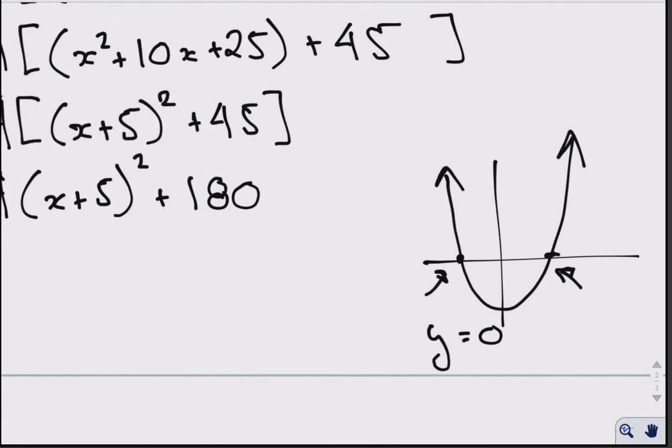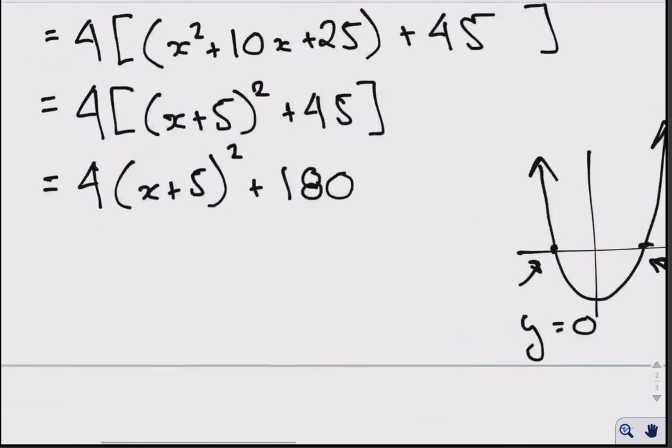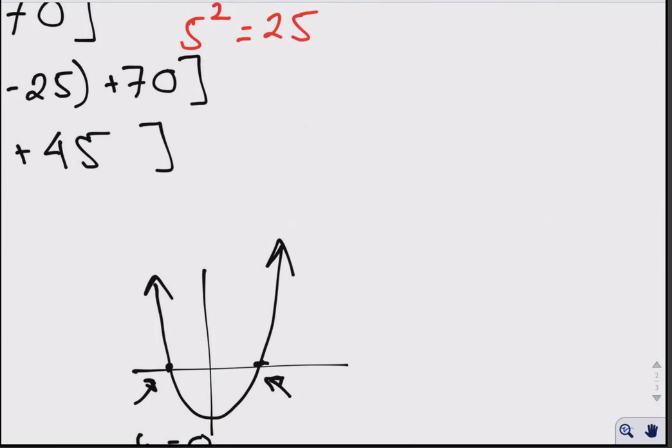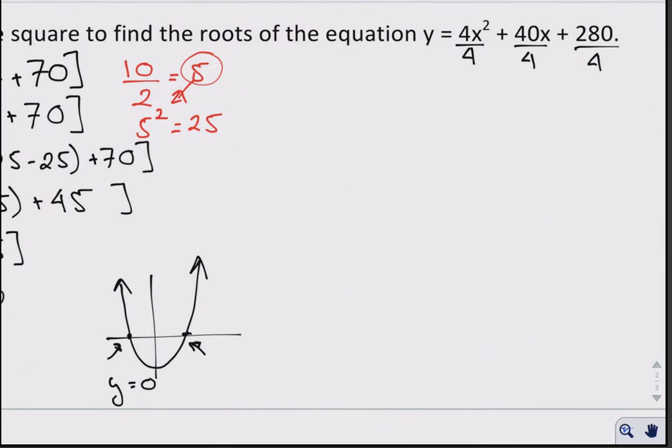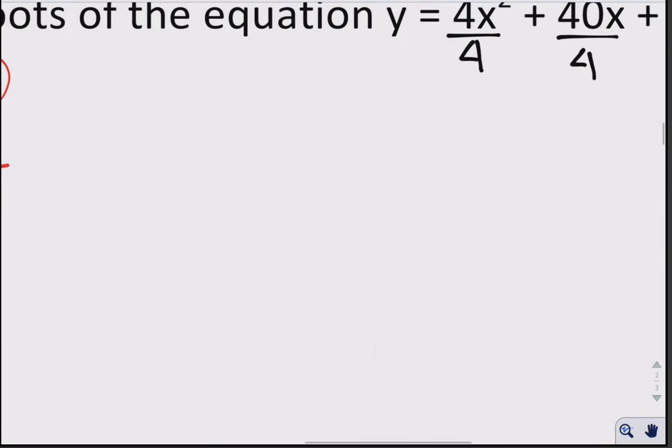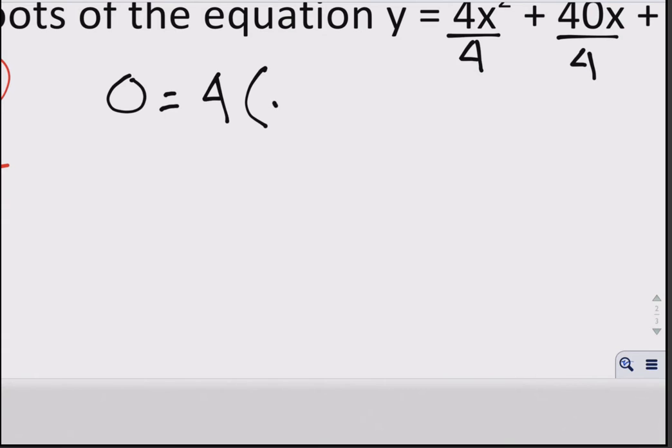So if I go to my equation and try to make it so that y is equal to 0, here's what I get. Let me use my vertex form. 0 equals 4, open brackets, x plus 5 squared plus 180.